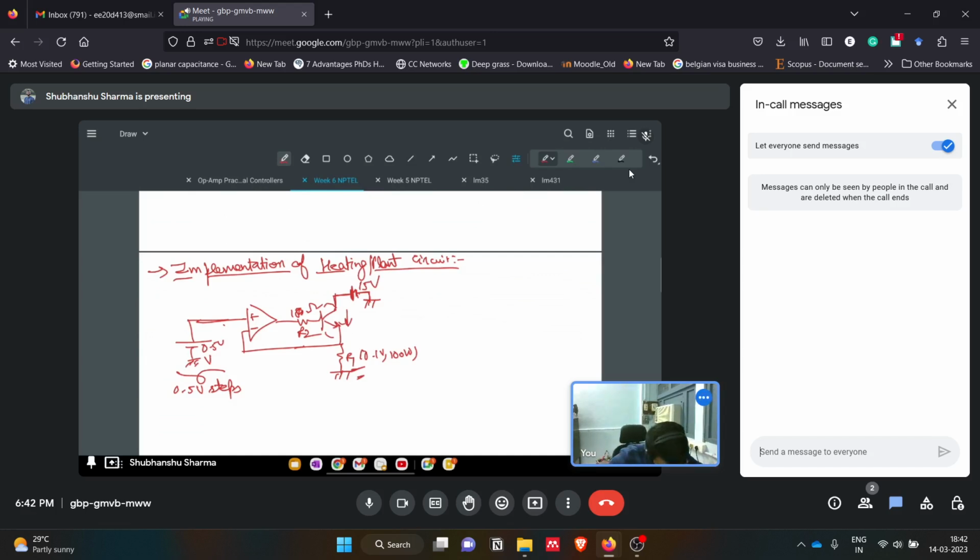So this is basically a voltage to current converter. In this case, we are applying a voltage and it is being converted into the current flowing through this R1 resistor.